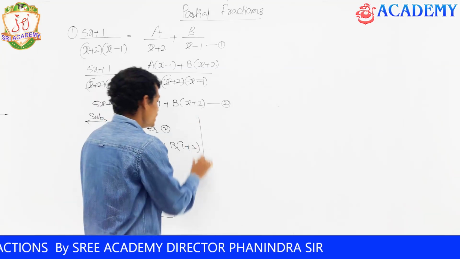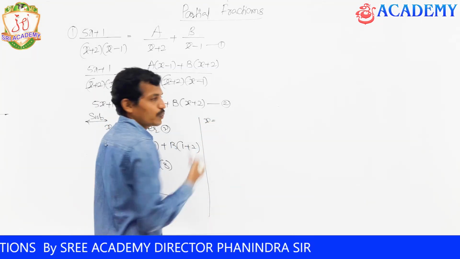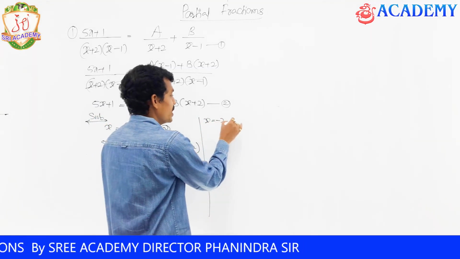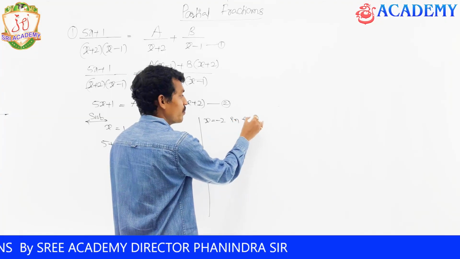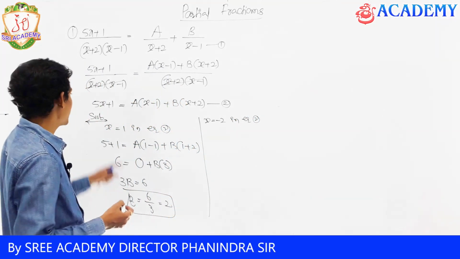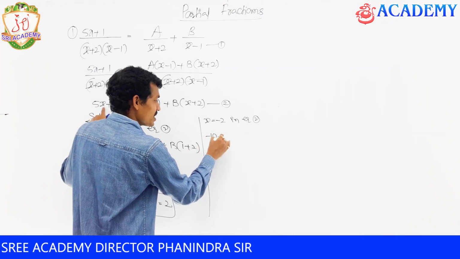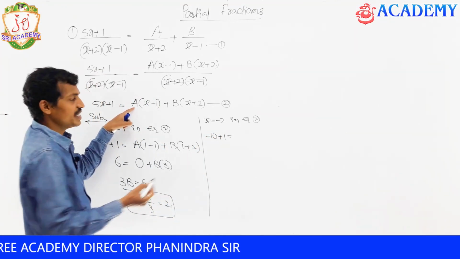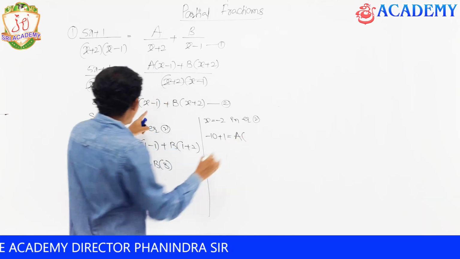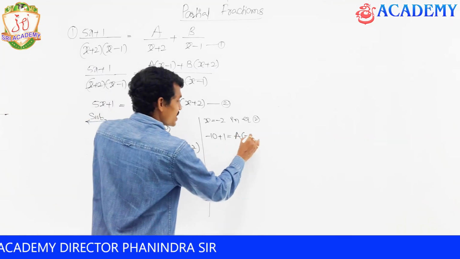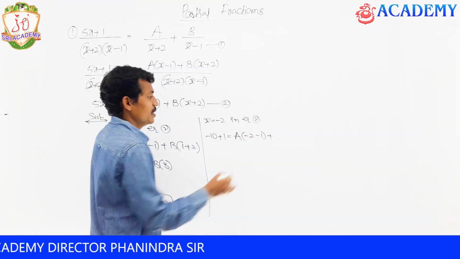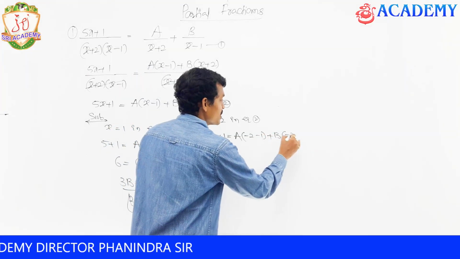I substitute one more value, x equal to minus 2, again in equation number 2. Wherever x is there, I substitute minus 2: 5 into minus 2, minus 10 plus 1 equals a into minus 2 minus 1 plus b into minus 2 plus 2.